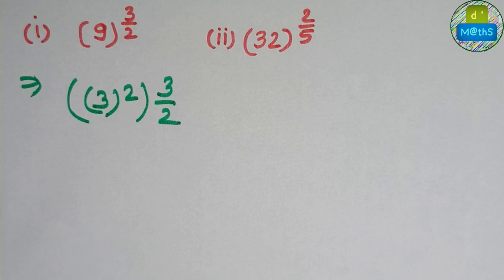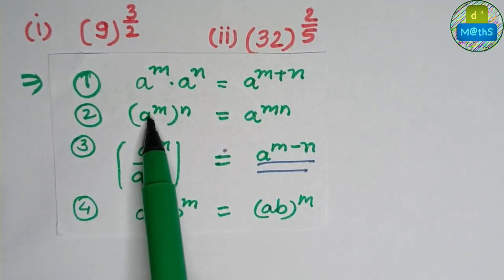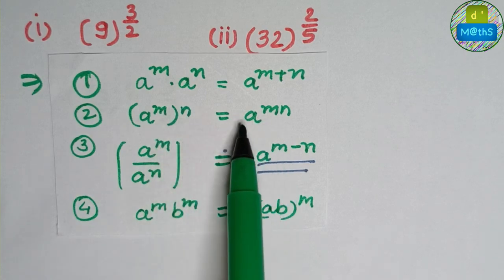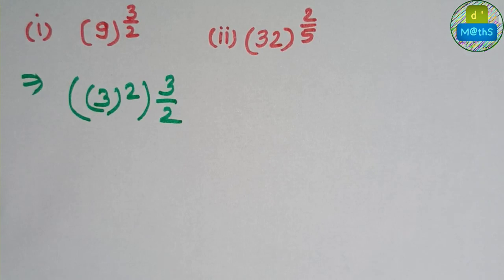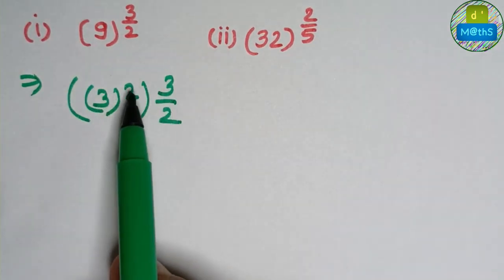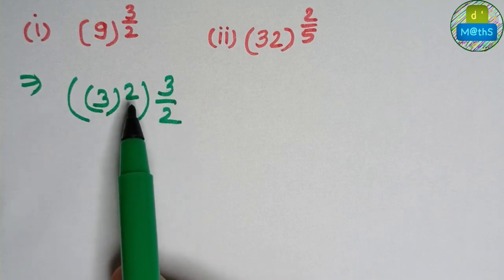When we move to our next step, we make our question in the form of a to the power m, whole to the power n, an identity whose value becomes a to the power mn. Here both the powers will multiply together as per our law of exponents.